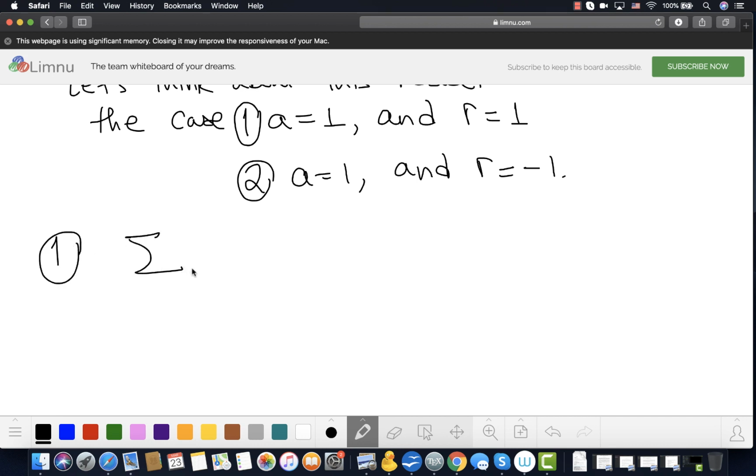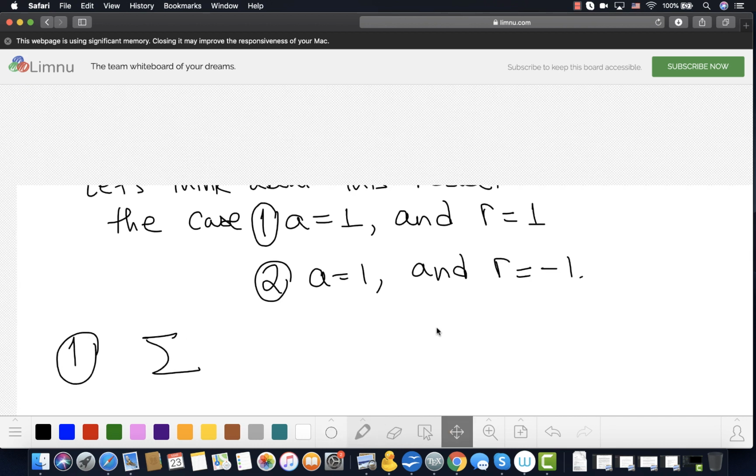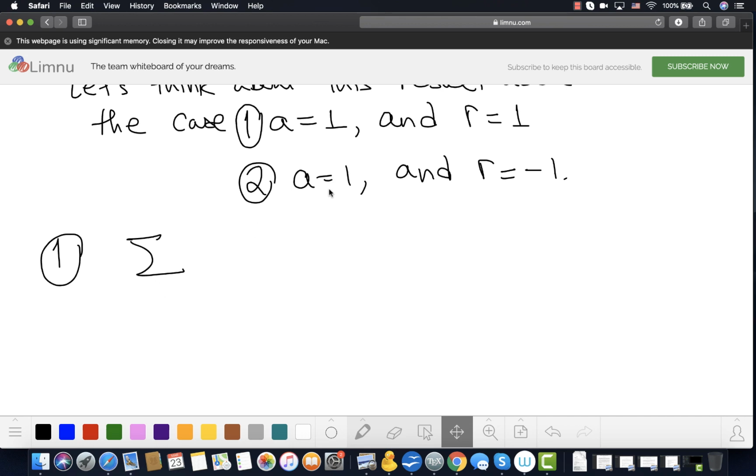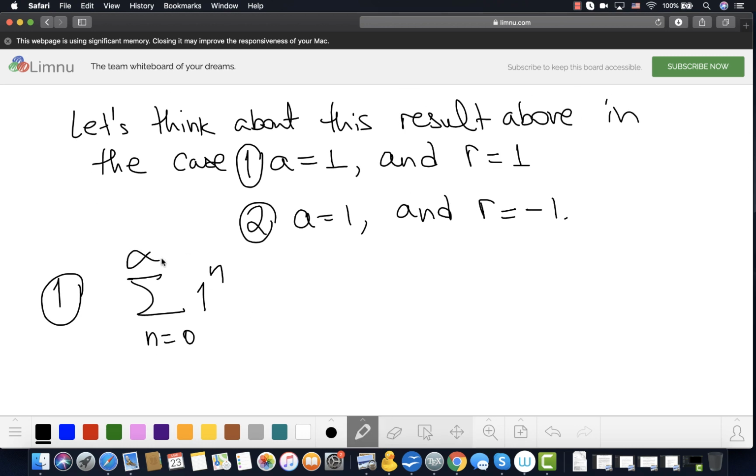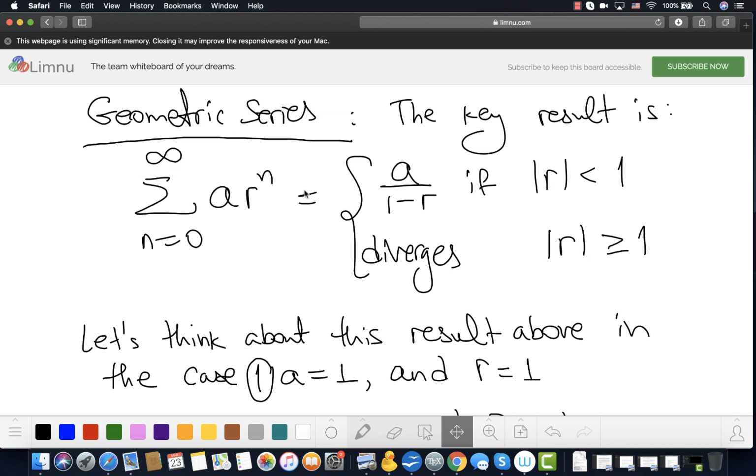In this case, a is 1, so we just have 1 to the n, and n goes from 0 to infinity. Notice one thing about geometric series: this formula is valid when n starts at 0, because you want the first term to be a, and when n is 0, we get a times r to the 0, which is a.